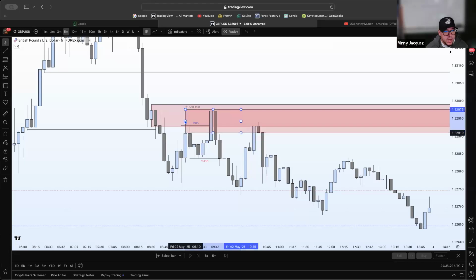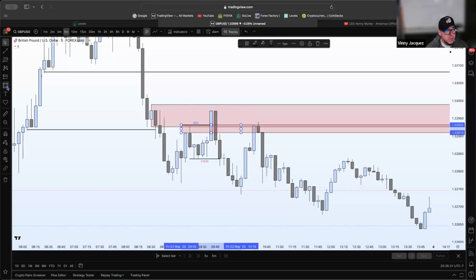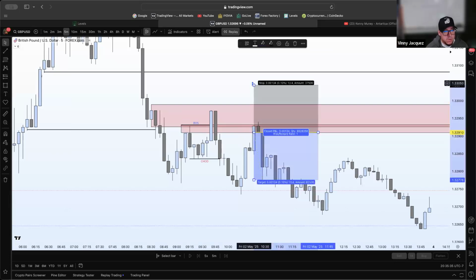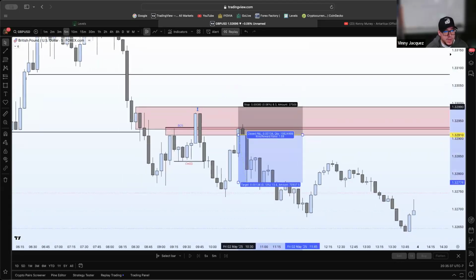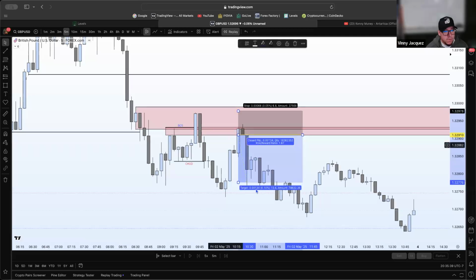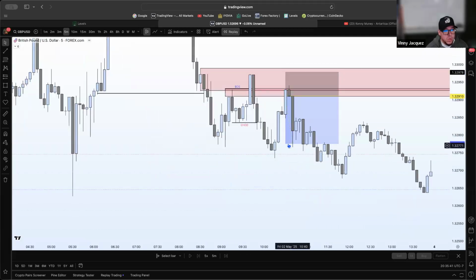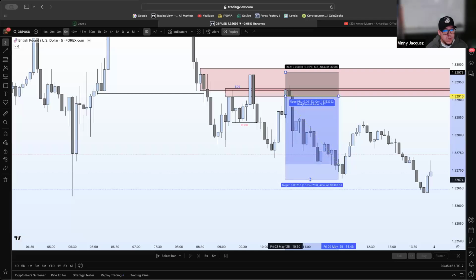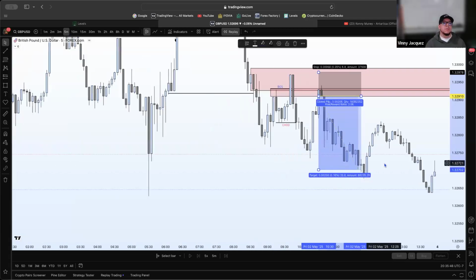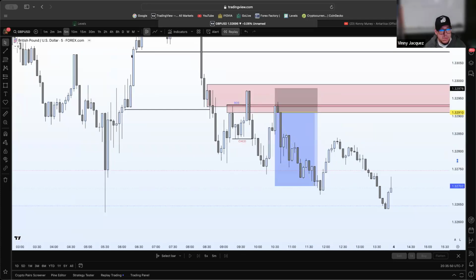And my shoulder is right here. So this was another opportunity as well. So whoever took this one, it looks like it gave you a 1 to 3. Gives you a 1 to 1 break even, 1 to 2 take partials, 1 to 3. Oh yeah, all day. Whoever scalped that definitely ate.